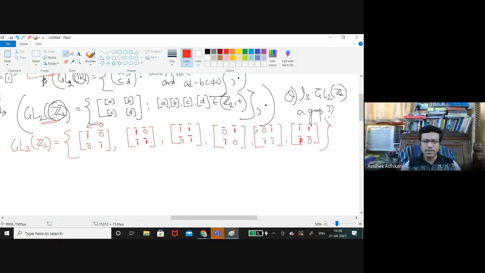Now, can somebody tell me what is the determinant value of this? So minus of class 1. Now in Z2, what is minus of class 1? I am giving you a very simple rule to calculate this. For example, in Z6, what is minus of class 2?